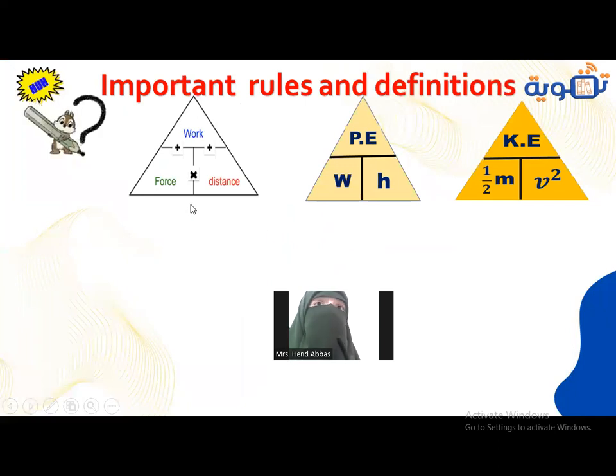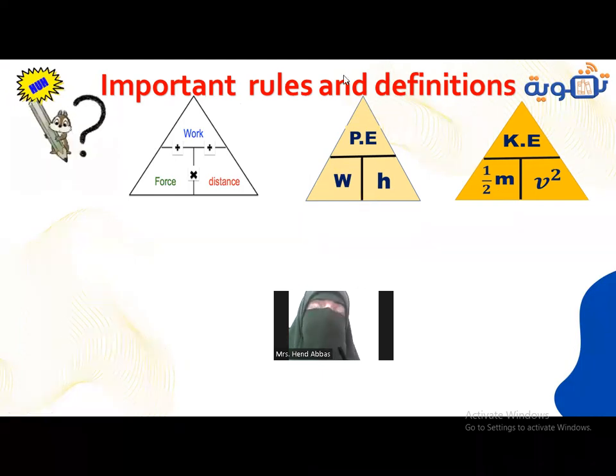There are some very important rules and definitions in this lesson. Work equals force times displacement. Potential energy equals weight times height. Kinetic energy equals half mass times speed squared.